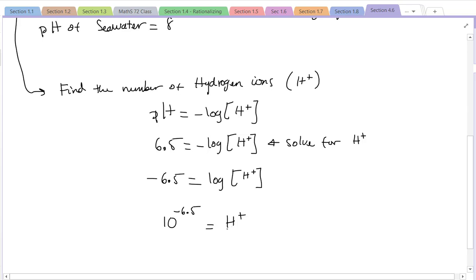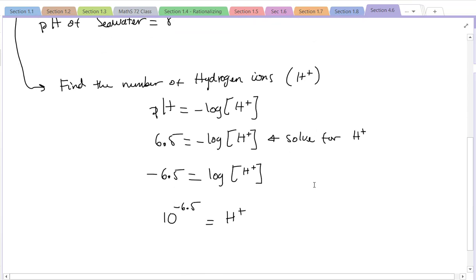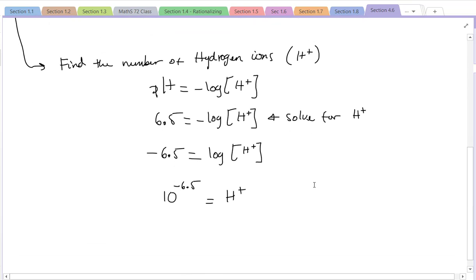You would say milk has 10 to the negative 6.5 hydrogen ions. But using that kind of notation and language may be intimidating for non-scientists. So the pH scale allows it to be a little bit easier to converse about. The pH of milk is 6.5 sounds better than saying the acidity of milk is 10 to the minus 6.5 hydrogen ions.